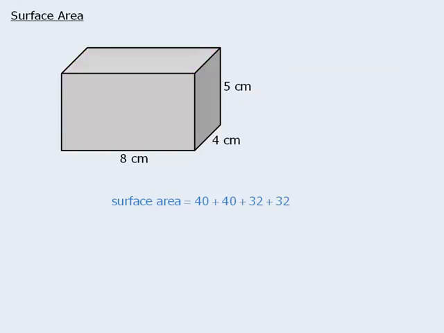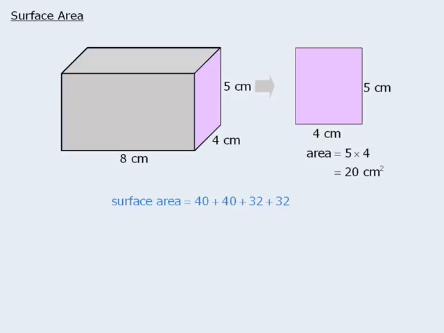We now have 2 remaining faces to look at. We have the face on the left-hand side and the face on the right-hand side. These 2 faces are identical, so let's find the area of this face, which we'll move over here. Now the dimensions of this face are 4 by 5, so the area of this rectangle is 20 square centimeters, and the area of the other rectangle will also be 20 square centimeters.